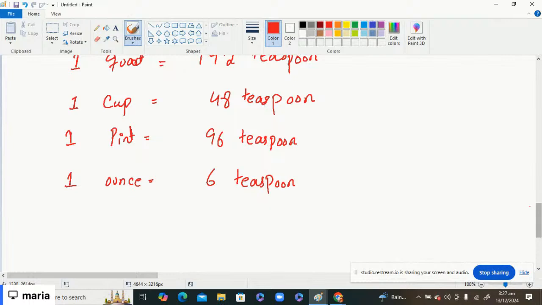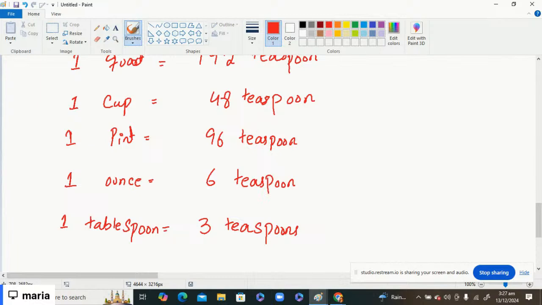And 1 tablespoon is equal to 3 teaspoons. So these are units of measurement, and this is basically a unit of volume.